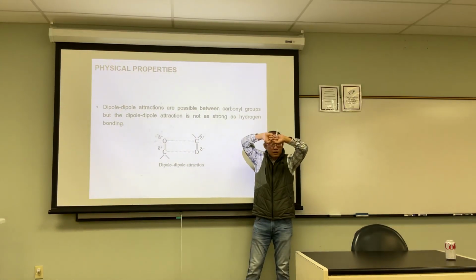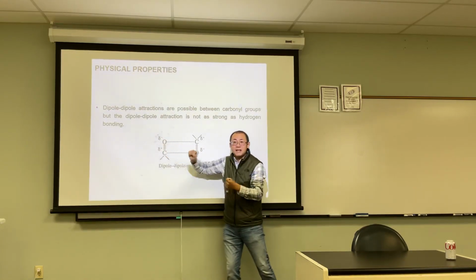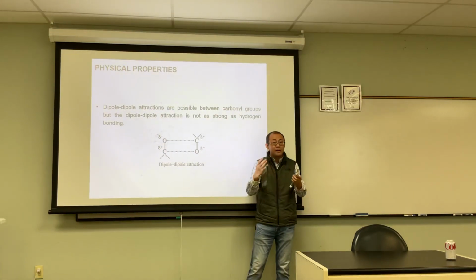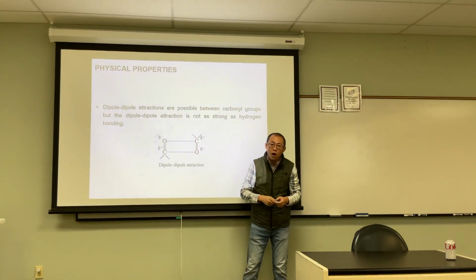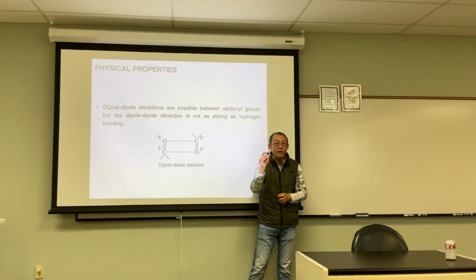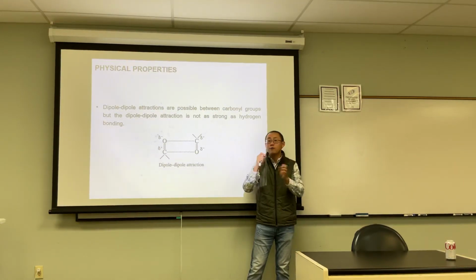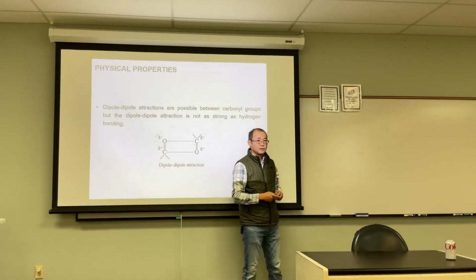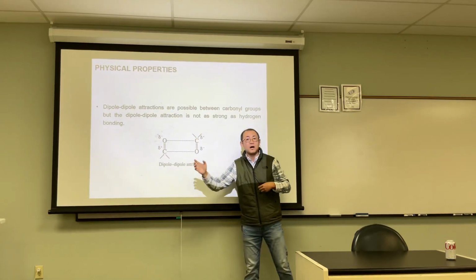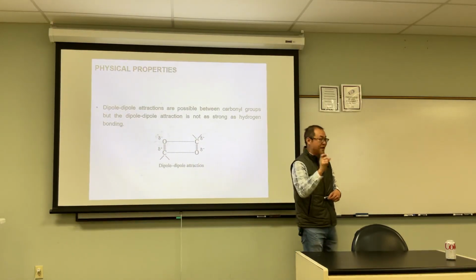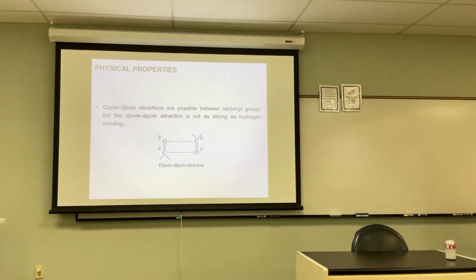But because the group is only moderately polar, this interaction is not as strong as OH, as hydrogen bonding. Does it make sense? The interaction is here, but not as strong as the hydrogen bonding you remember from chapter 3.